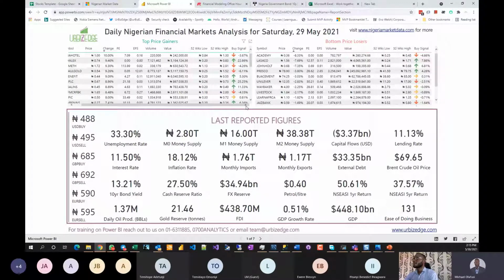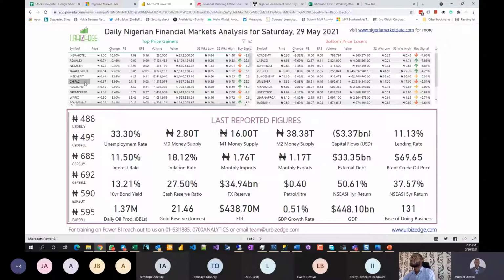These signals use the simple moving average to show you, over the last couple of weeks and a few months, who has been going up consistently and who has been going down consistently. So that can give you an idea which company is seeing an uptrend, and which one is seeing a downtrend. So that's this upper section.